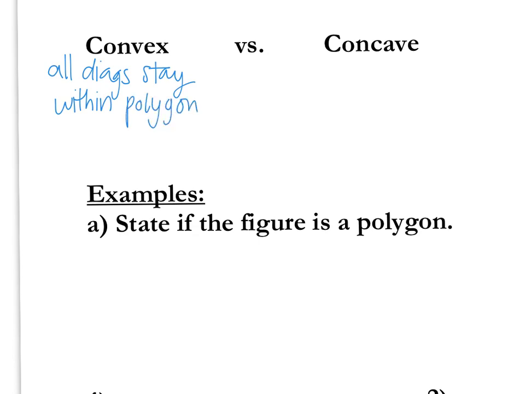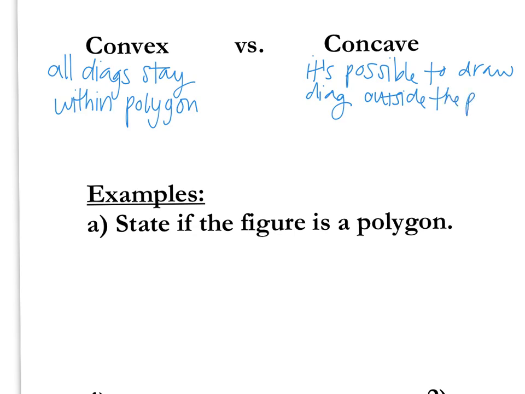Versus concave polygons, it's actually possible to draw in a diagonal that is outside of the polygon. And I'll put poly for polygon.